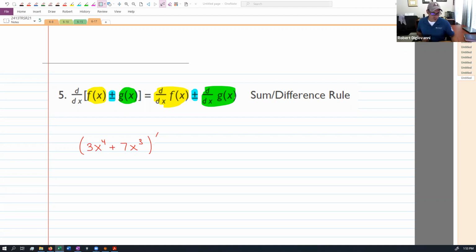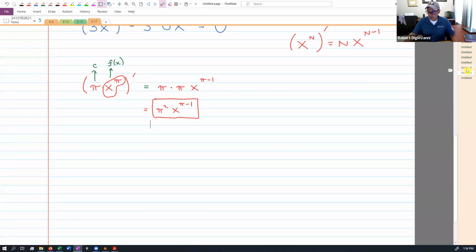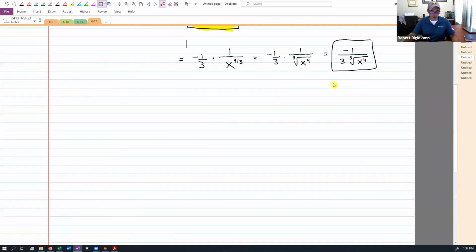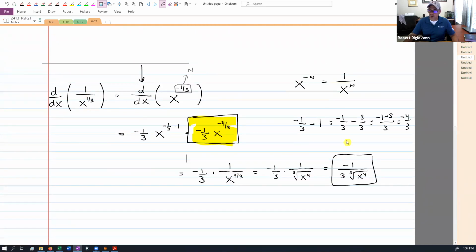Okay, so Alejandro, this is the first time that I've given you something to take the derivative of where you have two terms. In other words, there's an addition or a subtraction between them. Nothing we've done up to this point today has had more than one term. Everything's been just a single term.